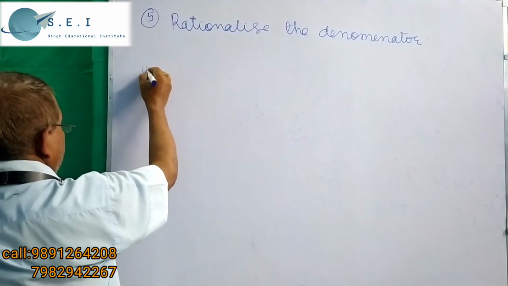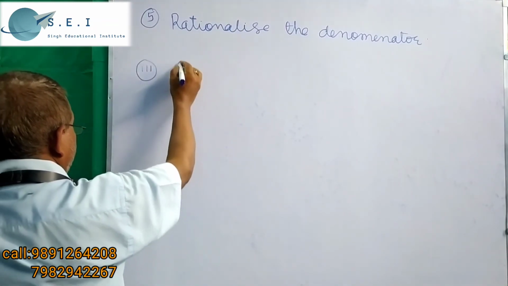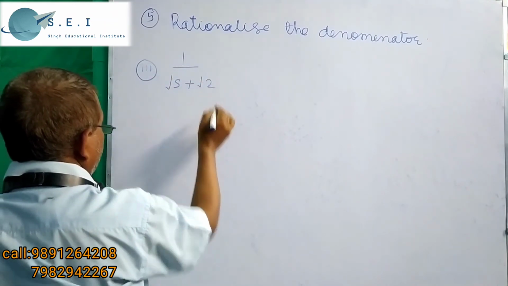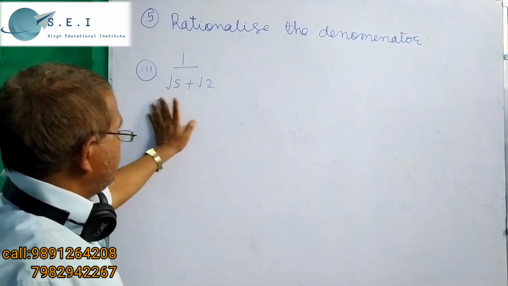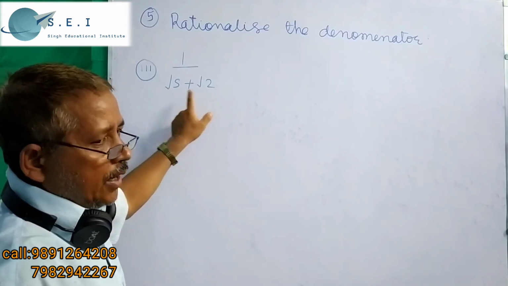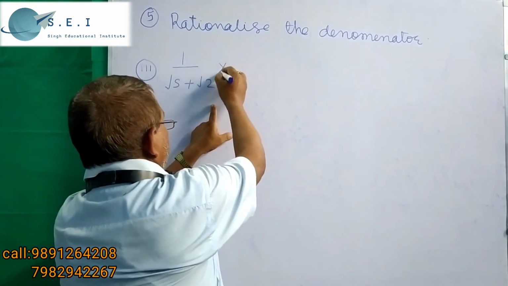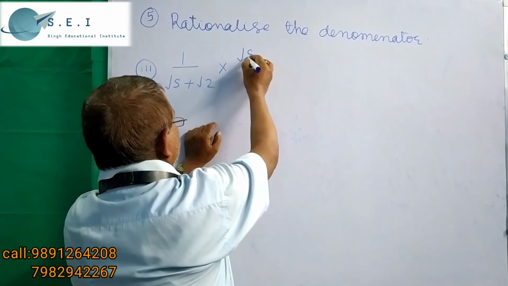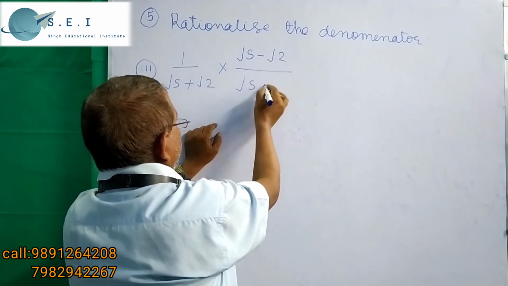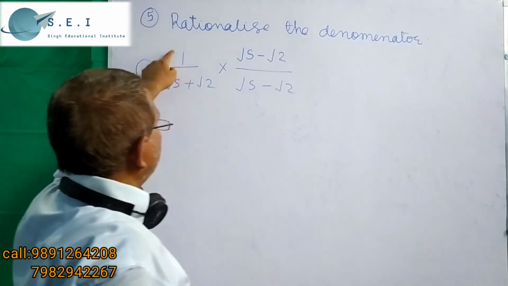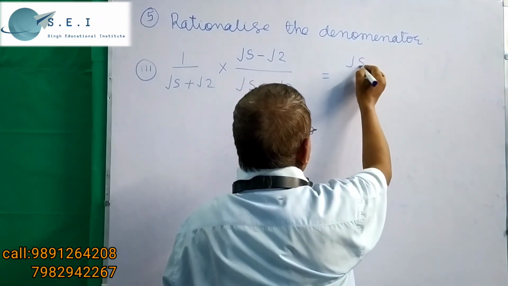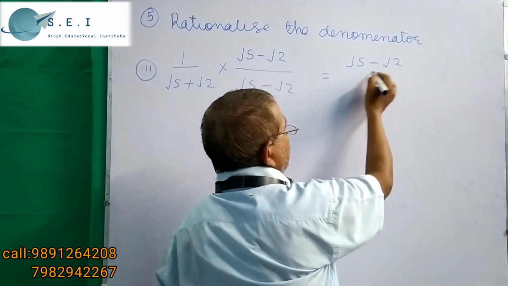Next is the third part of question number 5, which is 1 by root under 5 plus root under 2. So take here the same quantity with a negative sign in between root under 5 and root under 2, and multiply the quantity with the numerator as well as the denominator. If 1 is multiplied by this quantity, it remains the same: root under 5 minus root under 2.